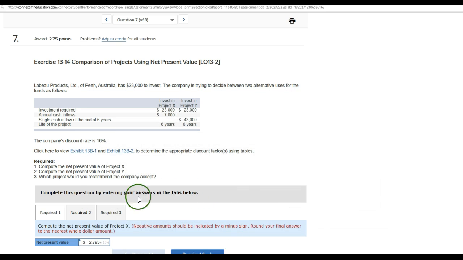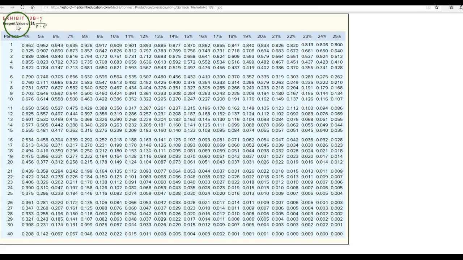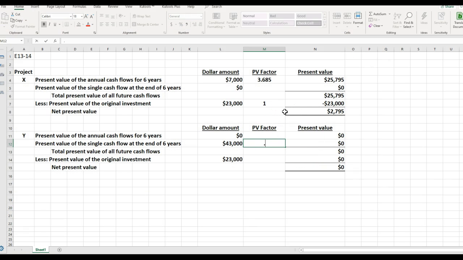Going back to the problem, we need the first table, B1. Here it is. Present value of one lump sum dollar. That's what this means. 16%, 6 years, 0.410. Drop that in. And I'll go ahead and put the present value factor here for today's money, still $23,000.